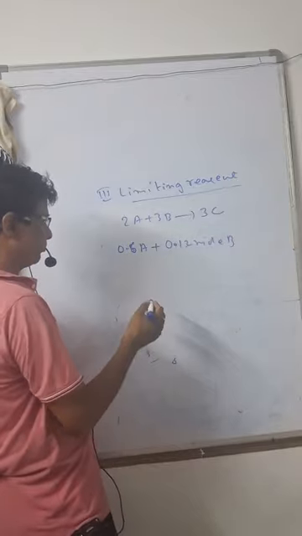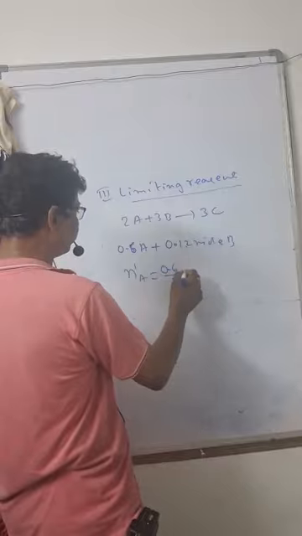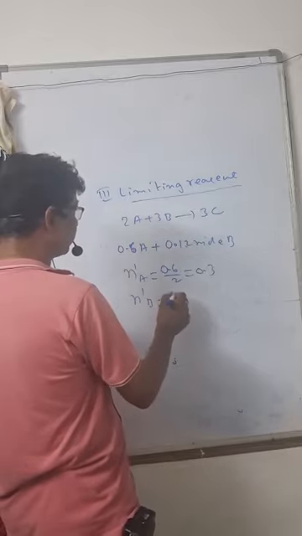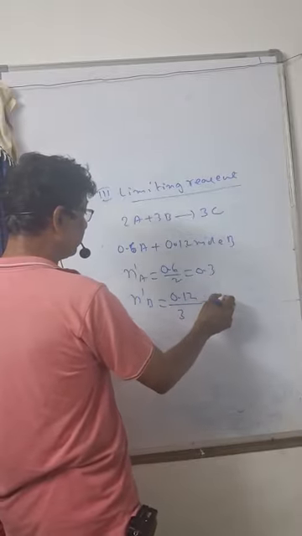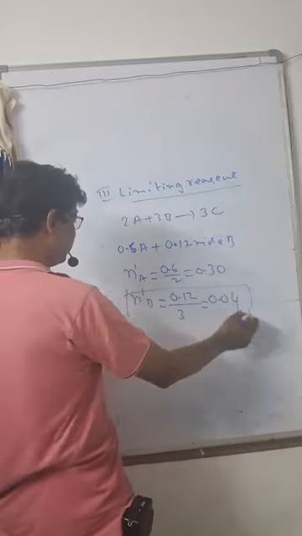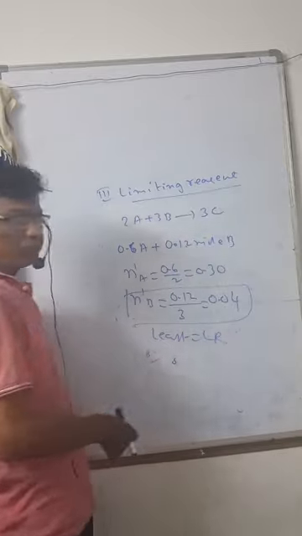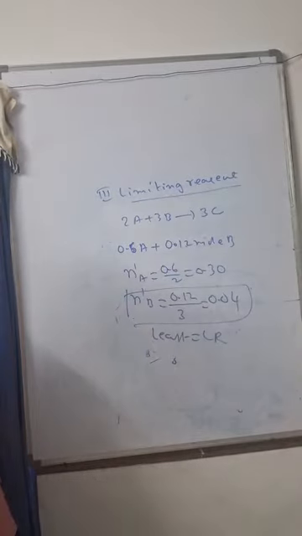So I tell you a simple thing: given moles by equation moles, whichever is the least is the limiting reagent. It is the simple way to find.